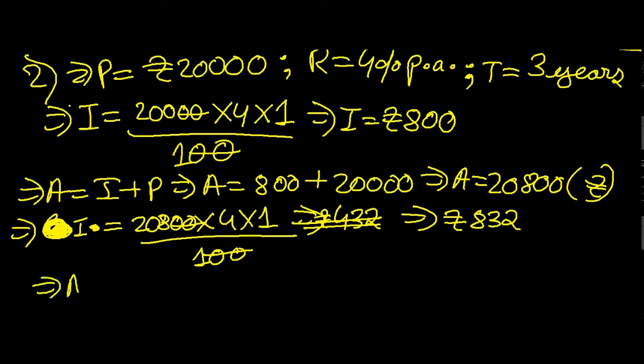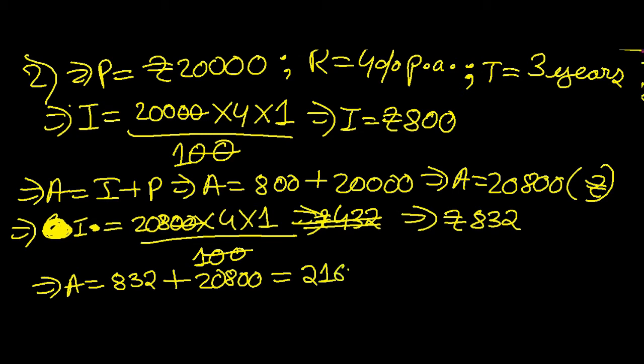The amount at the end of the second year, 832 plus the principal, which is 20,800, is equal to 21,632 rupees.